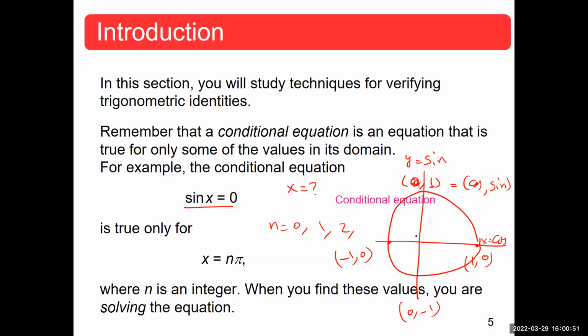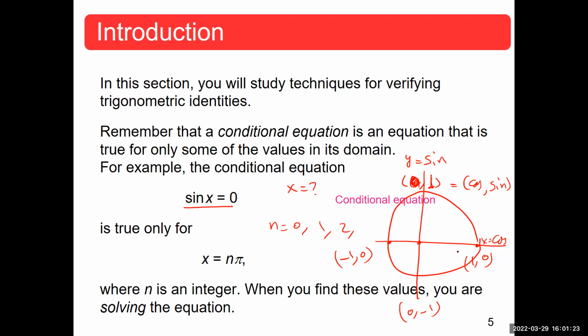So let's look at x equals 0. What's the angle at this location? Here y equals 1, so sine equals 1.